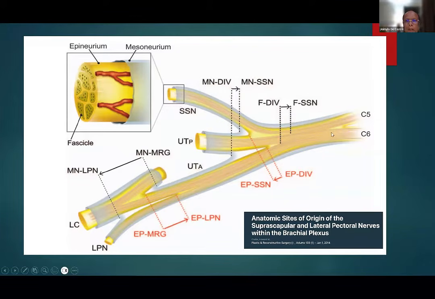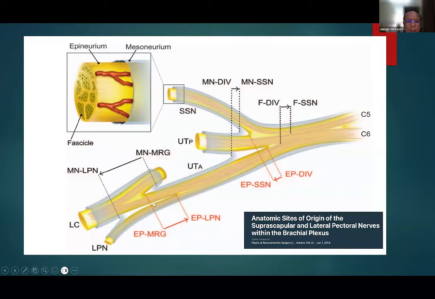If you will notice, both arise from C5 and C6, with the suprascapular nerve emerging from the uppermost portion of the trunk. And the lateral pectoral nerve emerges from the lower portion of the C5, C6 roots.